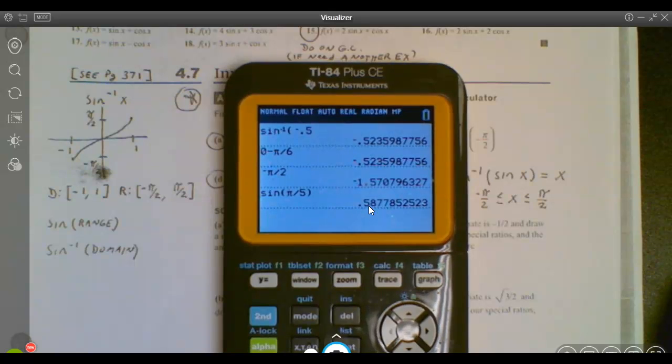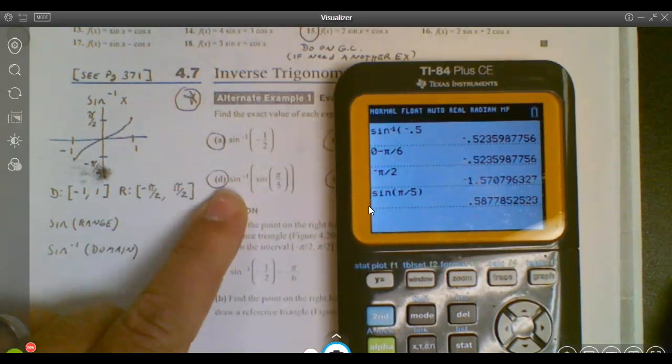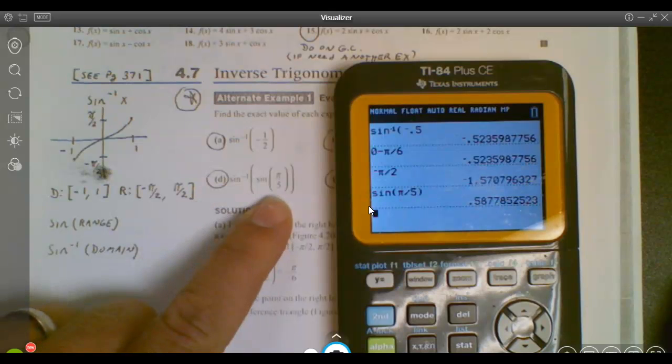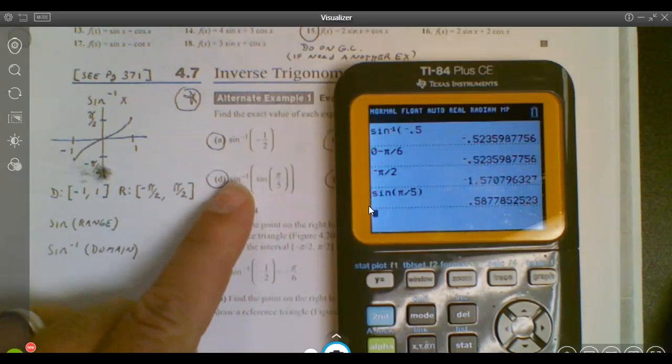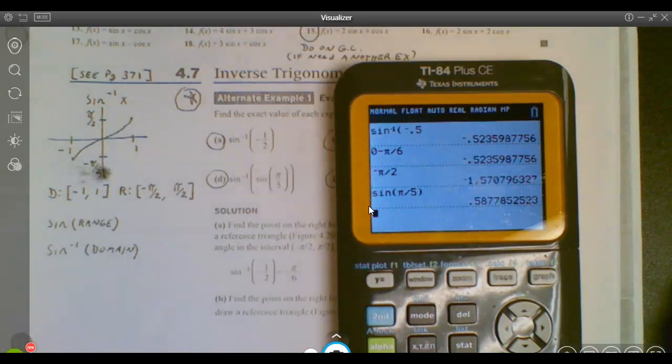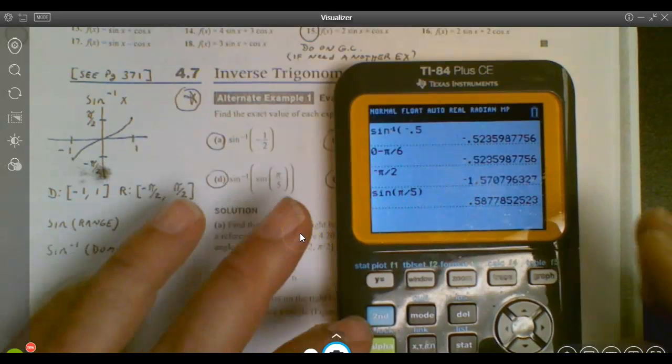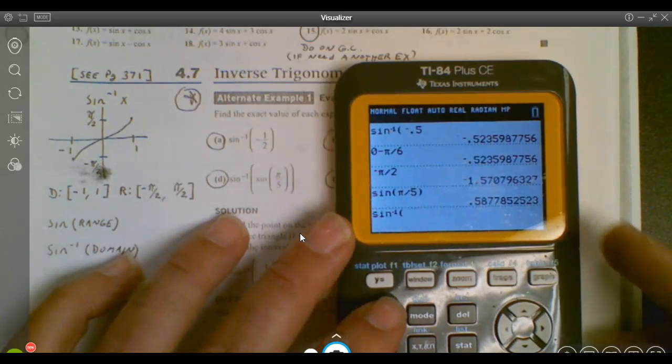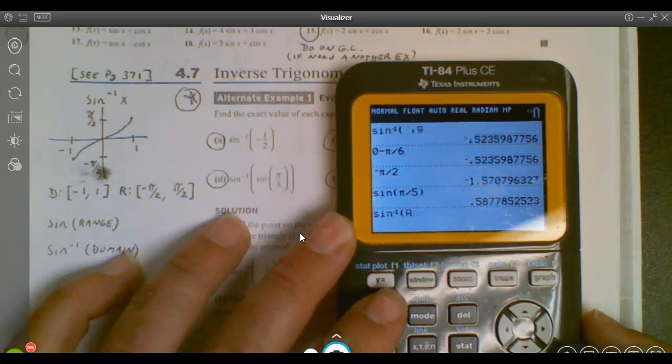Well, now let's look at the exterior function. I need to do the inverse sine of that answer. So one thing I want to check is that within my domain, right? If I'm going to do the inverse sine of this, is it within my negative 1 to 1 range? And it is, obviously, so I can say, okay, what's the inverse sine of that answer?